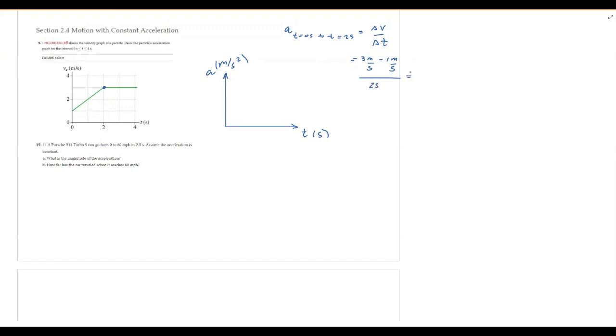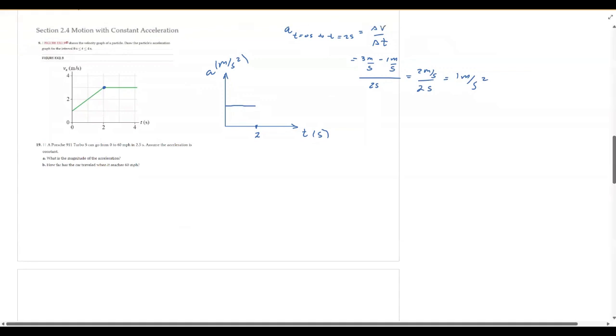So we get 2 meters per second over 2 seconds. This is 1 meter per second squared. So from 0 to 2, I have this as the graph of acceleration. This value here is 1 meter per second squared.